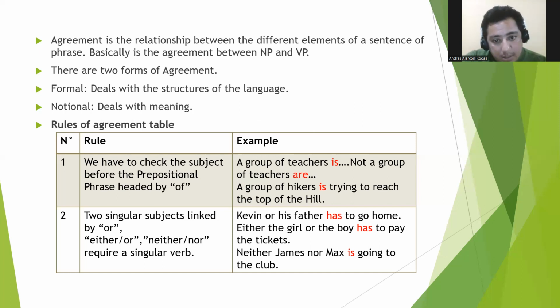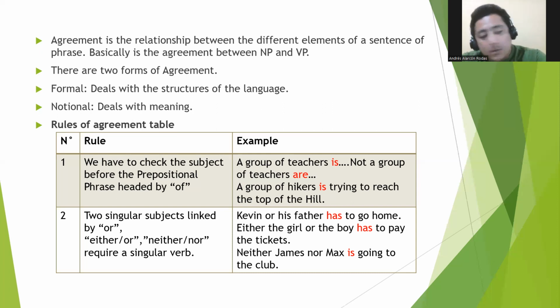In this case, even though teachers seems to be a plural noun, it is followed by of, so it works as a singular one. So that's why we have to use is and not are. The same happened in the second example, a group of hikers. So we have of, which means that we need to use is instead of are.